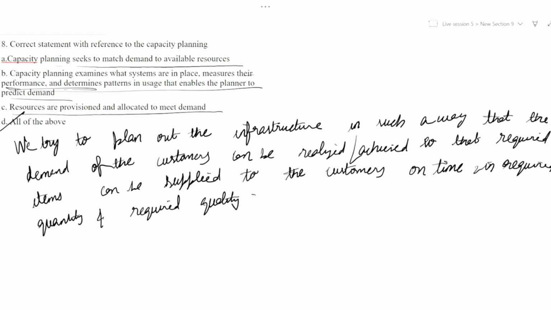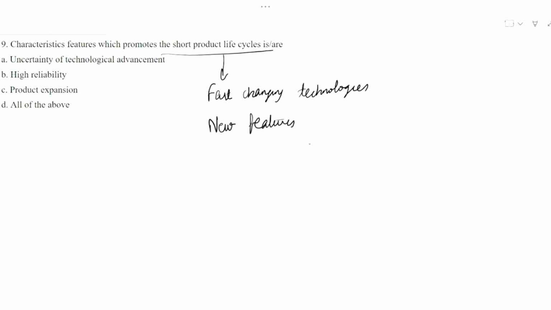Okay. So the next question is, characteristic features which promote the short product life cycle are: uncertainty of technological advancement, high reliability, product expansion, all of the above. So short product life cycles are mostly affected due to fast changing technologies, new features, new technologies.